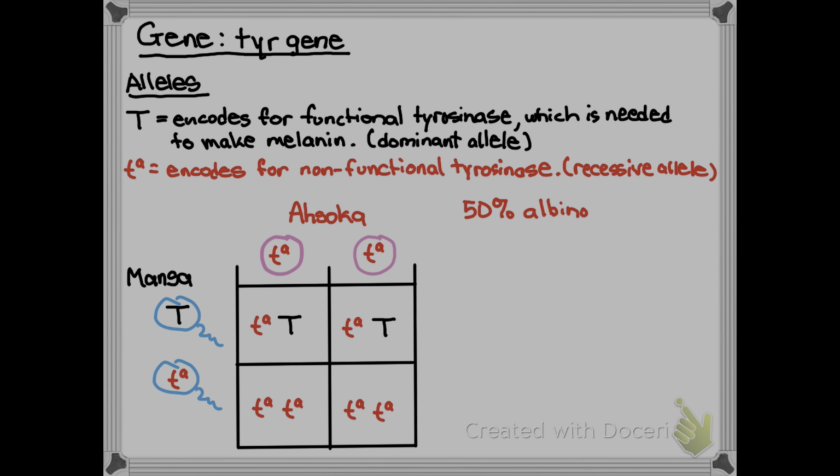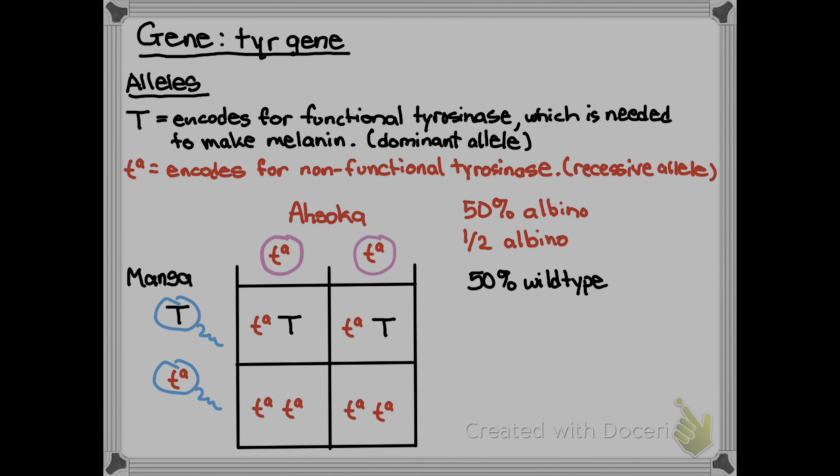What we see looking at our Punnett square is that of the four possible offspring, 50% of those possible offspring would have an albino phenotype because they would be homozygous recessive. So 1/2 of the possible offspring would be albino.